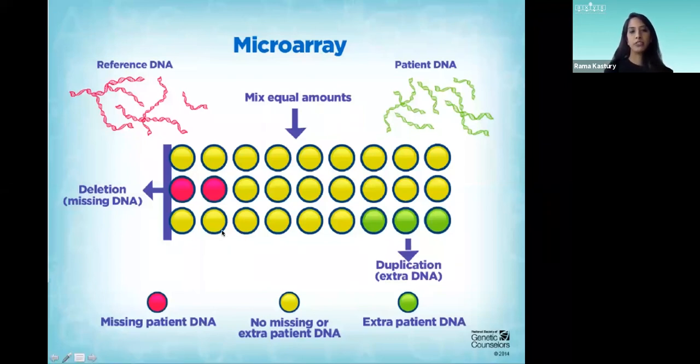But if a small piece of a chromosome is missing, for example, a piece of the Y chromosome or a small piece of the X chromosome, it would detect this. On the microarray, the red dot means that a quantity of DNA is missing in that region, and the green dot means that there's too much, or an extra copy of that DNA.